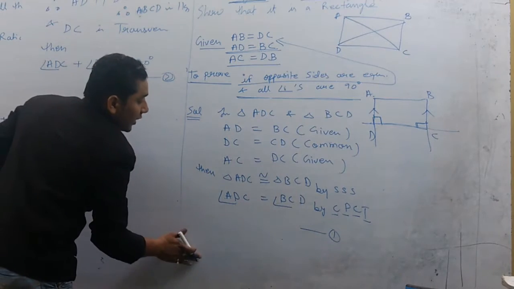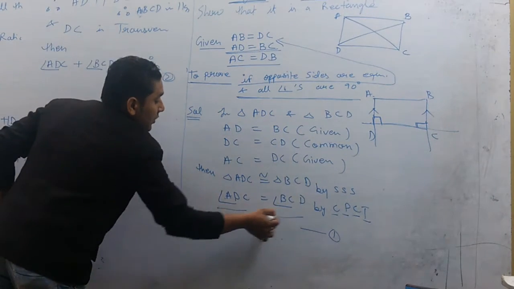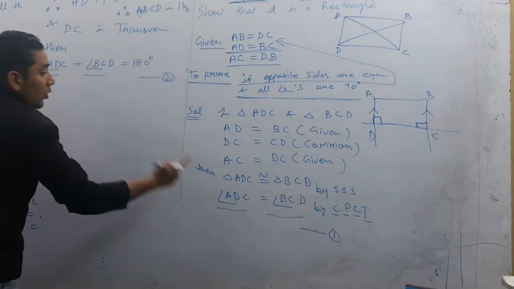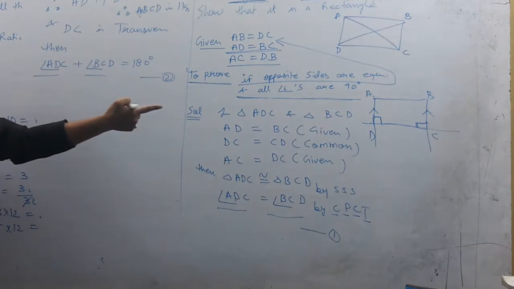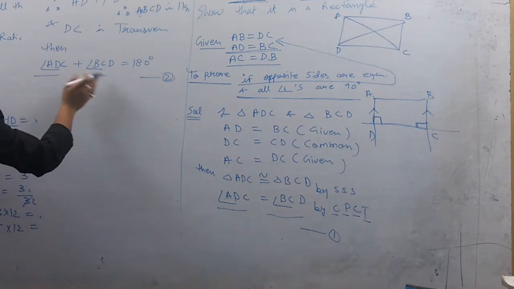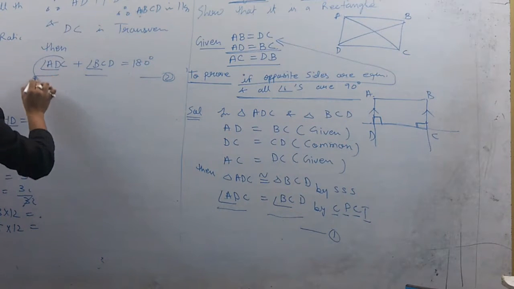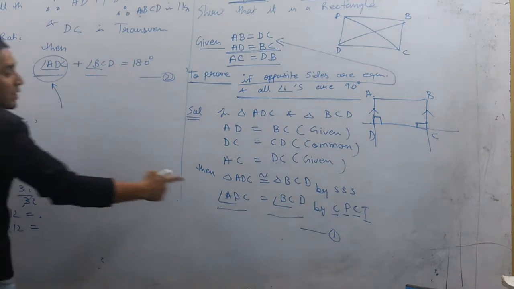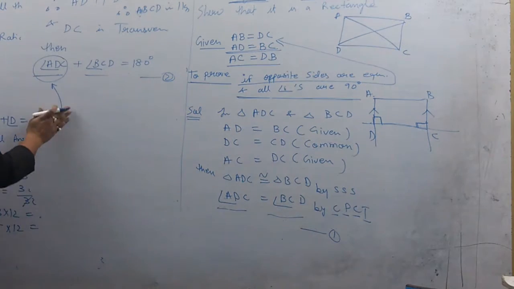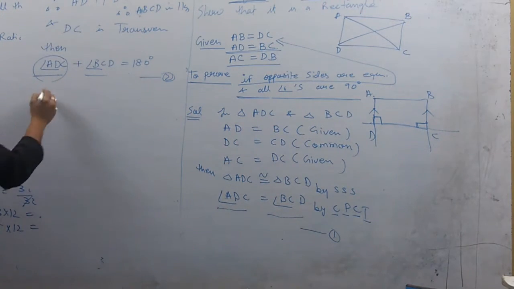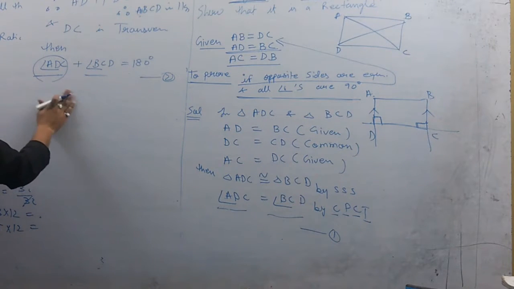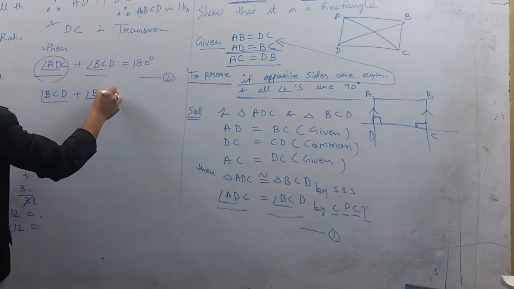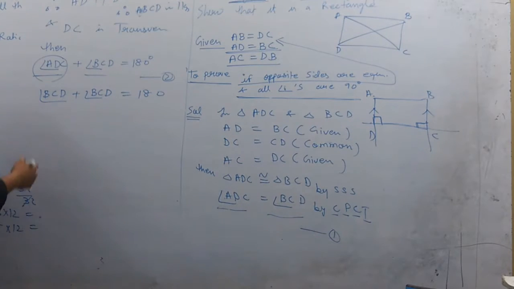Then you clearly see this angle is equal to this, and the sum of this plus this is equal to 180. Then we put ADC equal to BCD. So in the place of ADC we put BCD: BCD plus BCD is equal to 180 degrees.